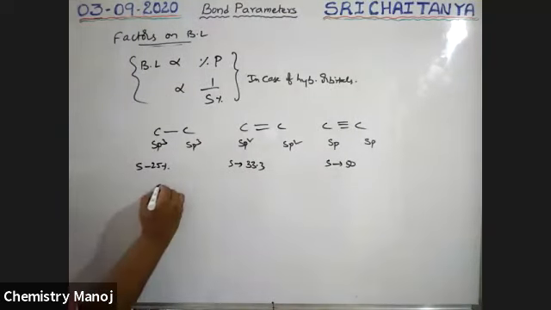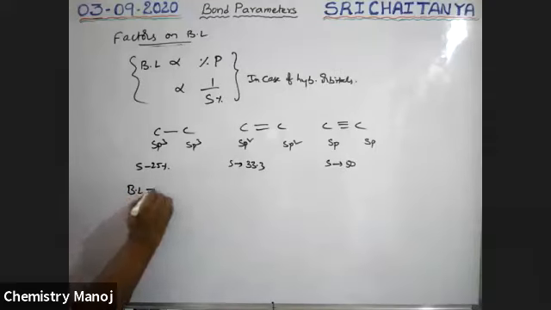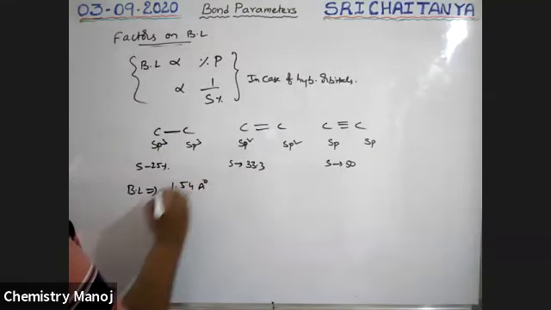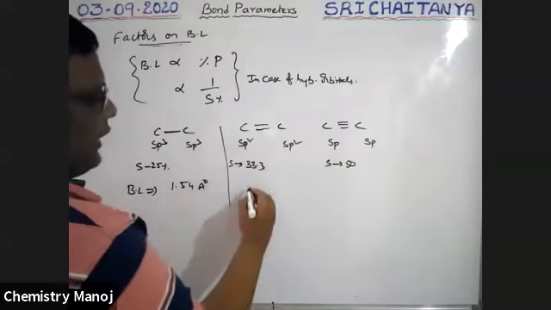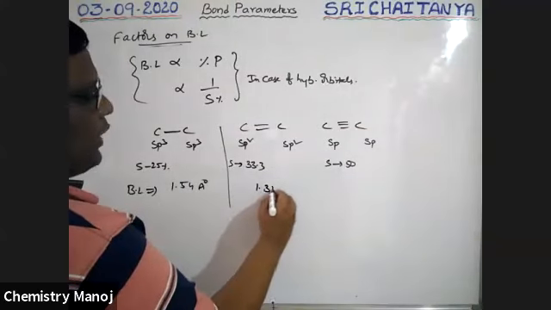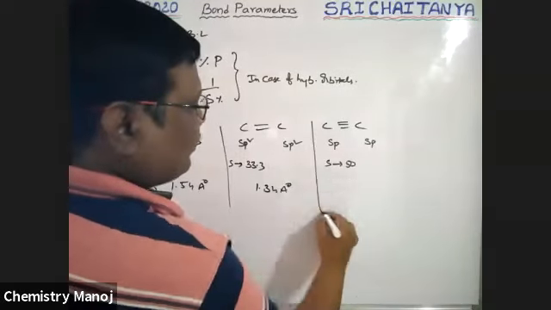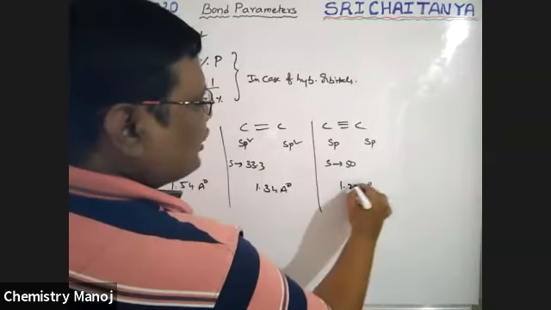The bond length of C single bond C is 1.54 angstroms. For C double bond C, the bond length is 1.34 angstroms. For C triple bond C, it is 1.20 angstroms.